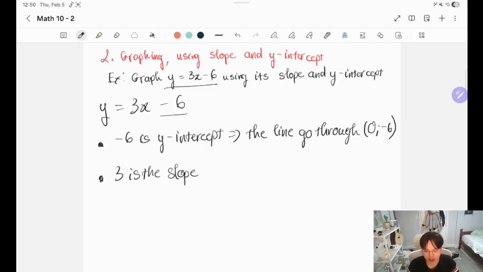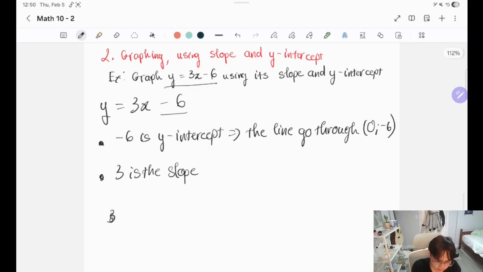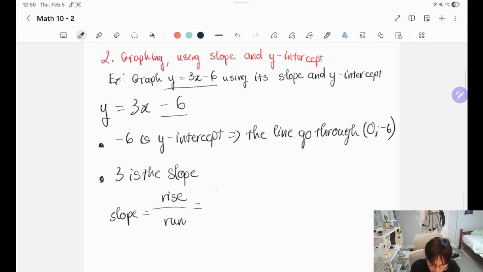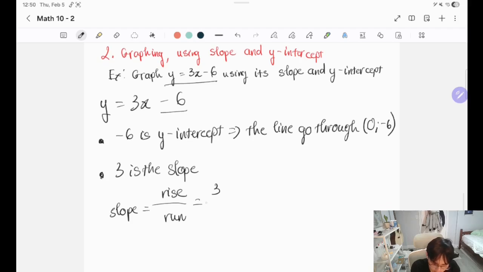We already have the formula that slope is equal to rise divided by run. So I just make the number 3 the numerator and 1 the denominator. It doesn't change anything.